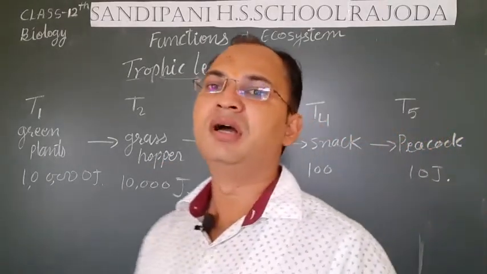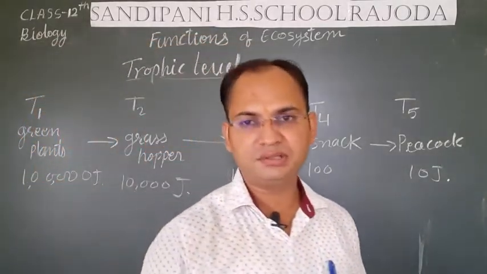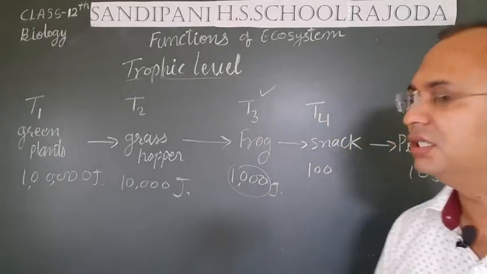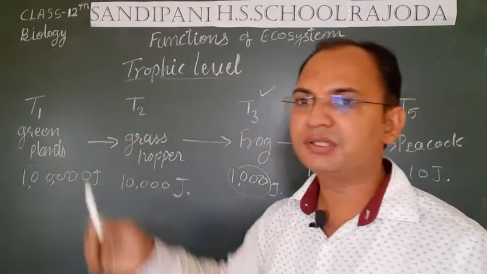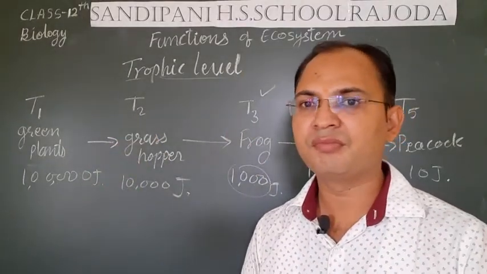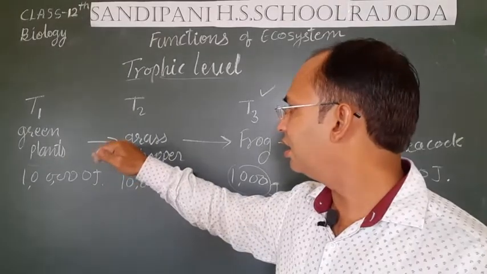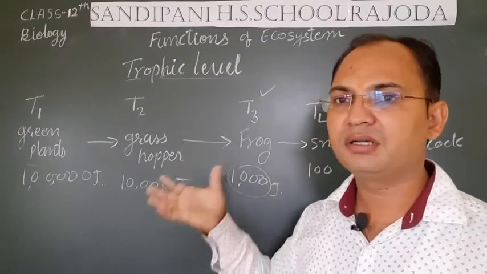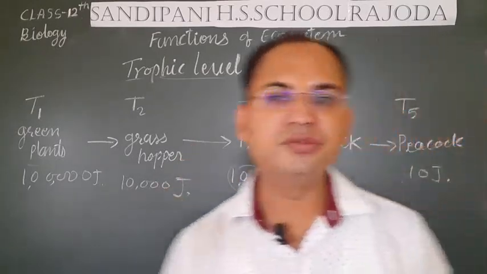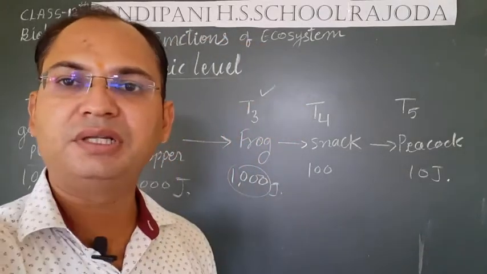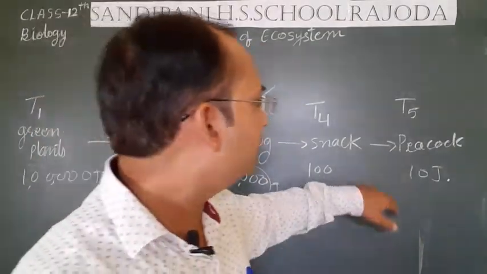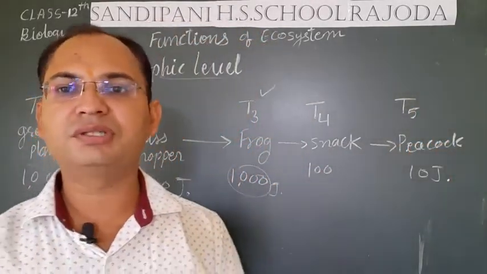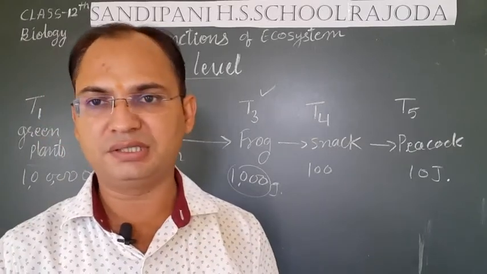So students, according to the availability of the energy, if we talk about their population in the ecosystem, then we can see that the population of the green plants covers the major area of an ecosystem. Then the grasshopper or the insects or the herbivores are major among the consumers, and as we move from one trophic level to another trophic level, then in the last fifth trophic level, the top consumers, their numbers are very few in nature.